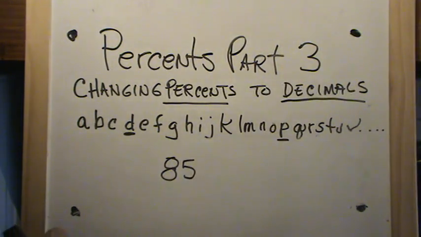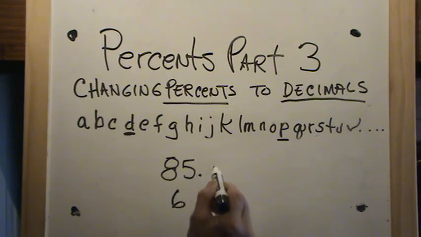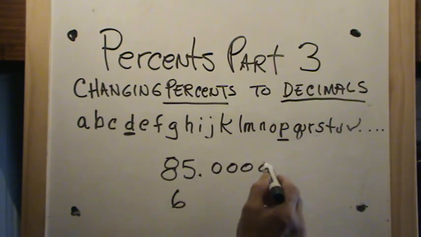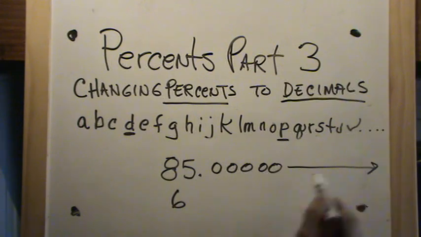Now, there is a prerequisite skill that we need to understand, and I think most of you do understand, but I just want to make sure. In a whole number like 85 or 6 or any whole number, theoretically there is a decimal point and an infinite number of zeros.